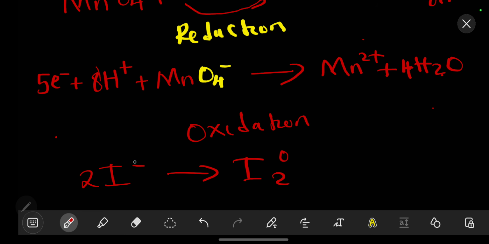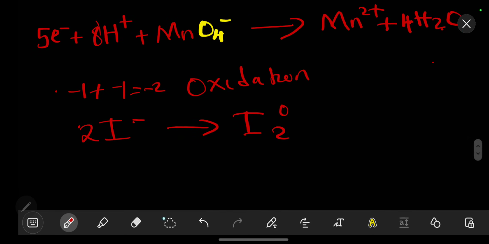On this side we have a negative 1. Since there are 2 of them, each one having negative 1, negative 1 plus negative 1 will give us a negative 2. In other words, just multiply this by the charge, which will give us a negative 2. So on this side there is negative 2, and this side there is just a 0.